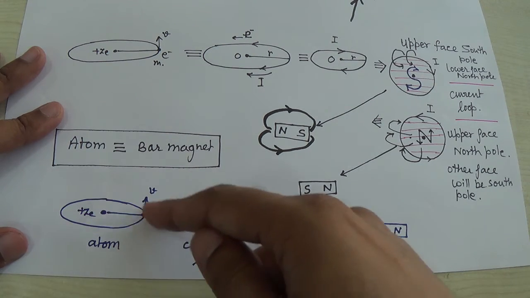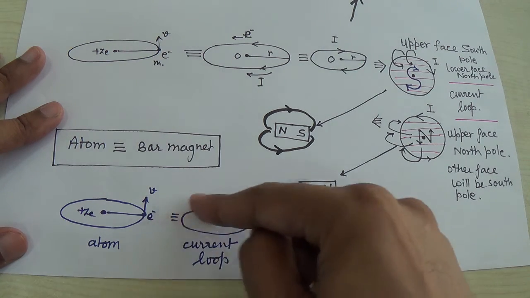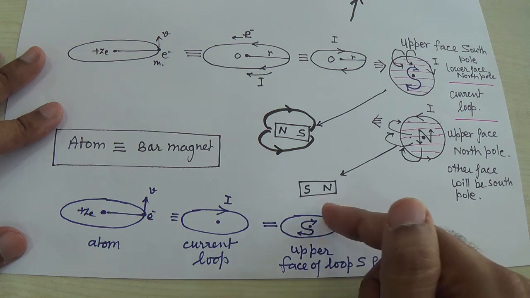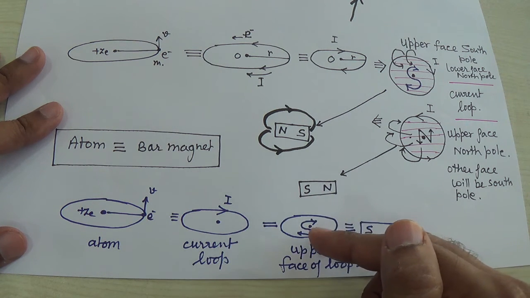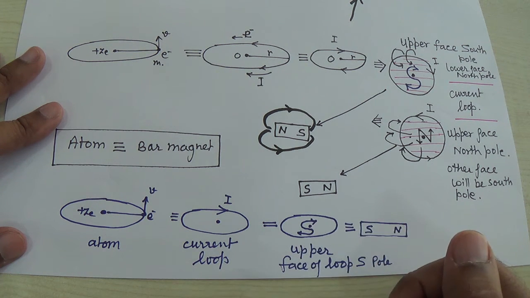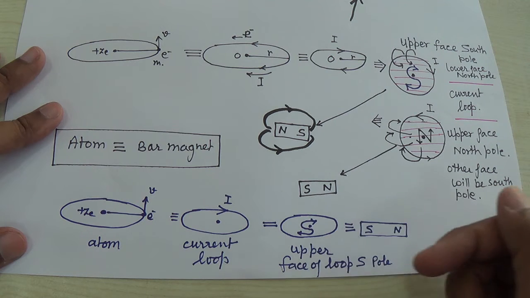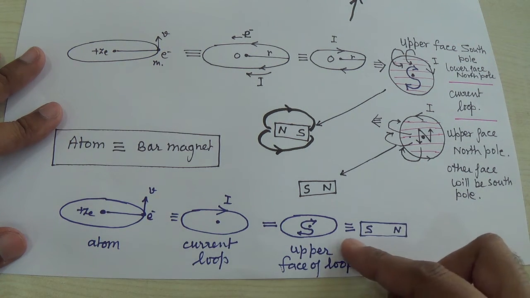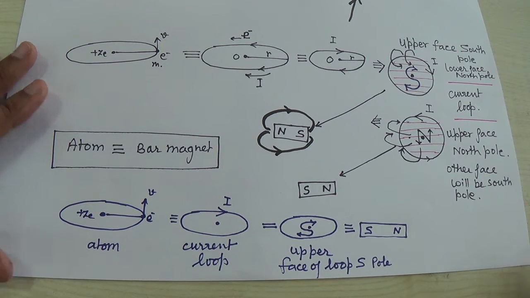The orbit of the electron is equivalent to a current loop, and the current loop further will behave like a bar magnet. The upper face will behave like south and the lower face of the current loop will behave like the north pole. So this is equivalent to a bar magnet.